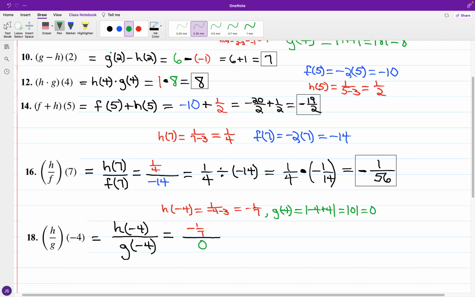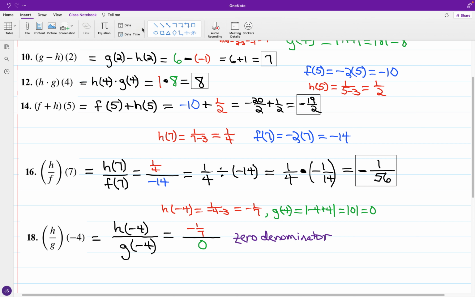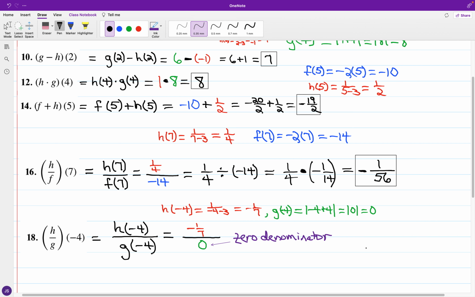We have a 0 denominator. And so we have for this end result, number 18 ends up becoming undefined.